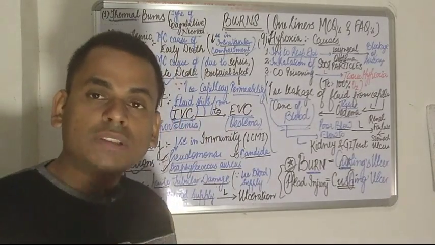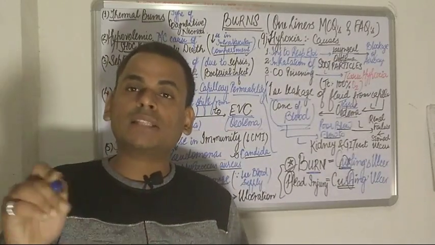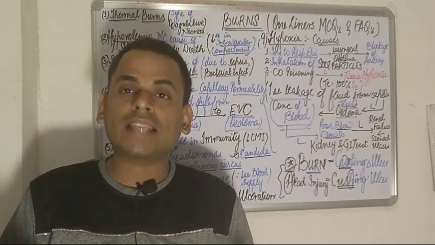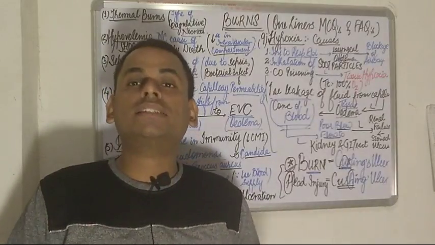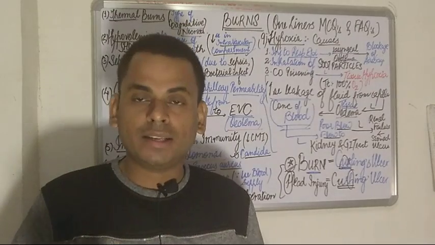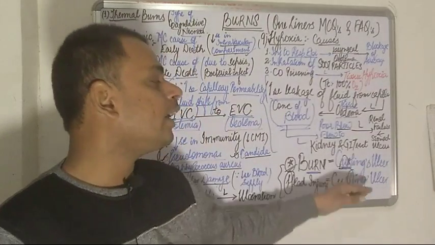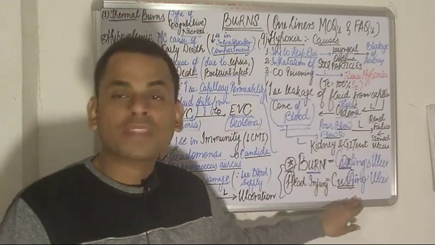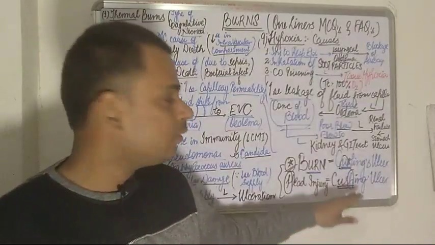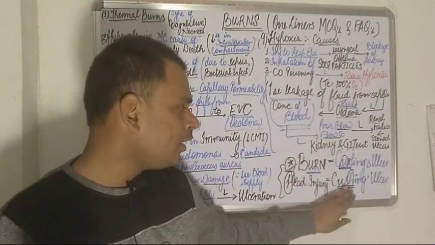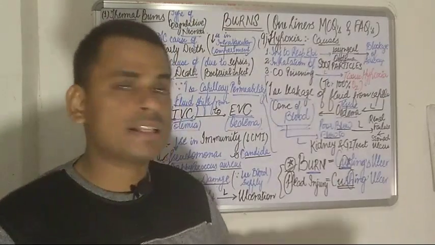Mostly students get confused when asked what type of ulcer is seen in the gastrointestinal tract or in the stomach. They mostly mark Cushing's ulcer in place of Curling's as their option, which is absolutely wrong.